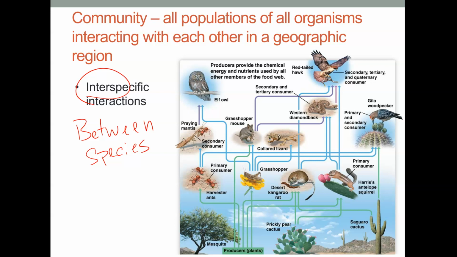So all of the biotic factors, remember that we're talking about organisms, the biotic component of this geographic region, of this ecosystem. Remember, biotic means living. So how do these species interact with one another? What are their relationships with one another, and so on?